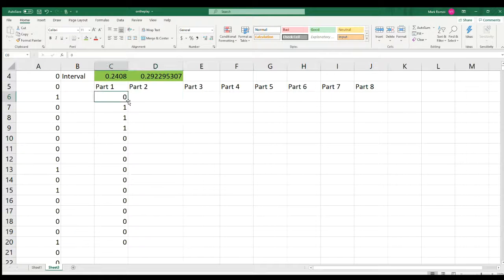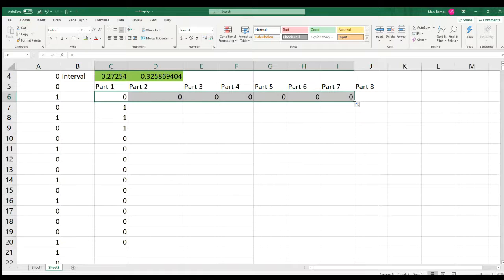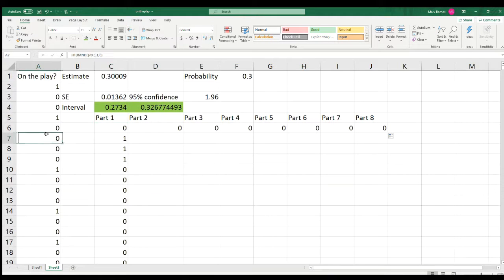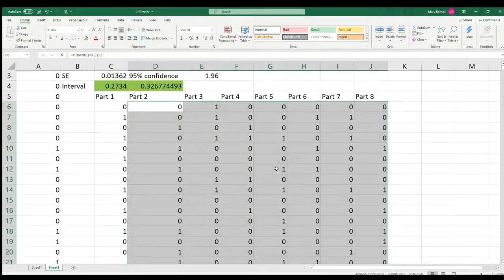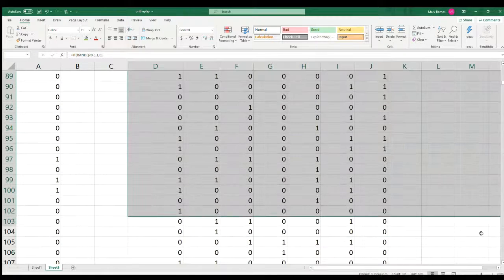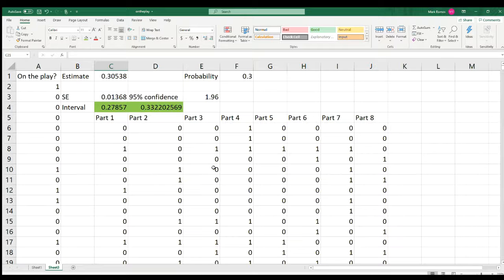So now let's put in some data here. So is this still 0.3? Okay, so this is the participants.